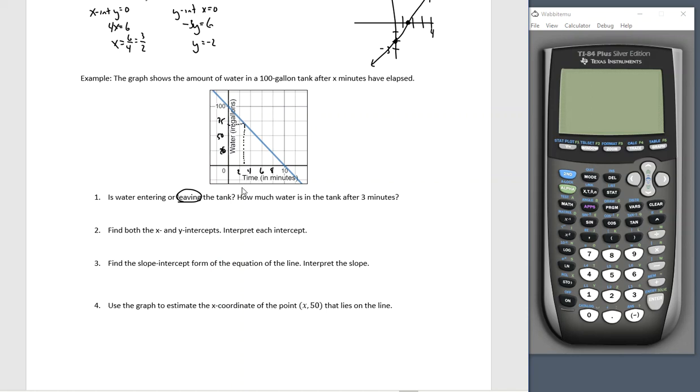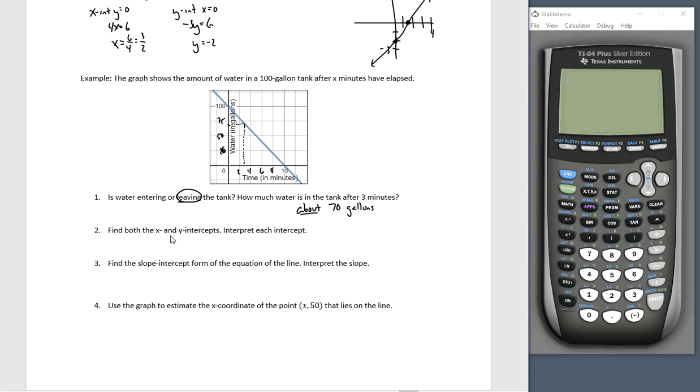I'm going to estimate that to be, what do you think? Maybe about 70 gallons, because this does not cross at an exact grid line. Anytime you have an estimate, as long as it's pretty close, it should be correct.